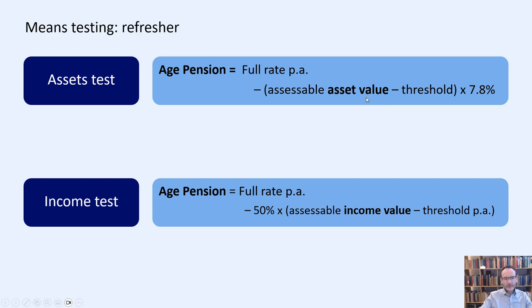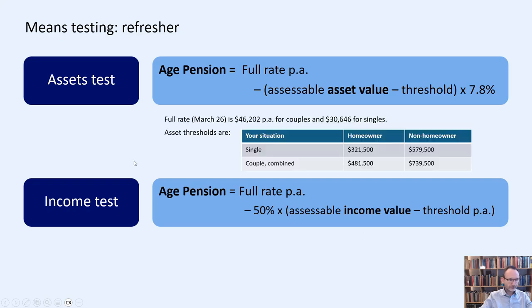So basically, for every $100,000 you've got above the threshold, you lose $7,800 per year of age pension until it gets down to zero. There's also the income test. You've got the full rate minus 50% of the assessable income value minus the threshold. So for every $10,000 of income you've got above the threshold, you lose $5,000 per annum of age pension.